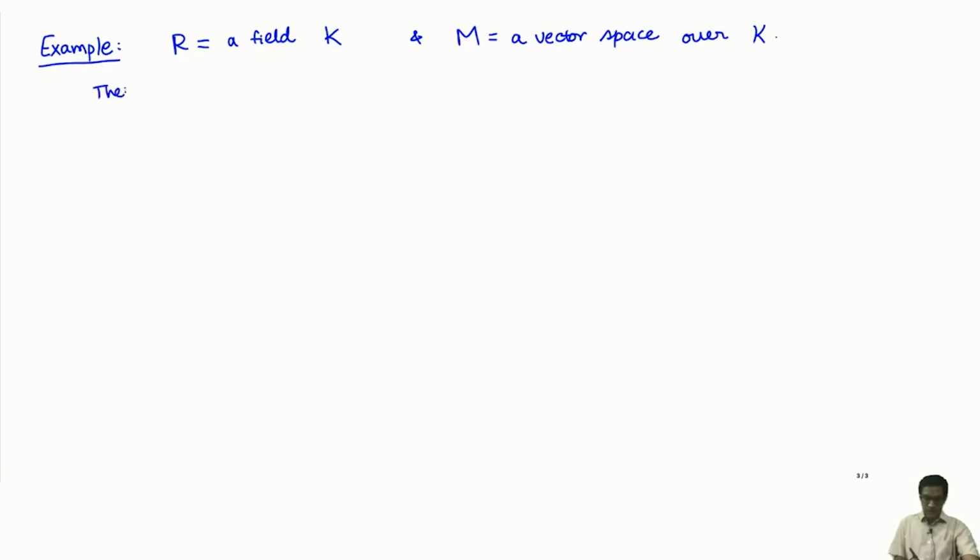Then observe that these axioms are exactly what it means for M to be a vector space. So M is an R module. The axioms of a module are exactly the axioms of a vector space when R is a field. That's our primary example.